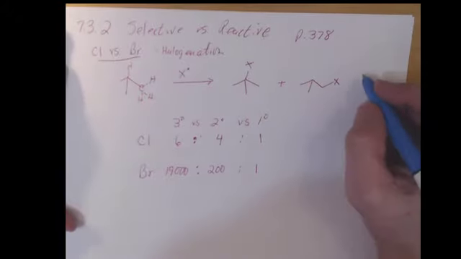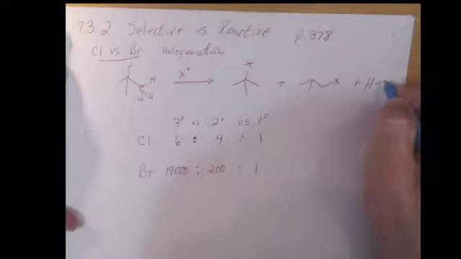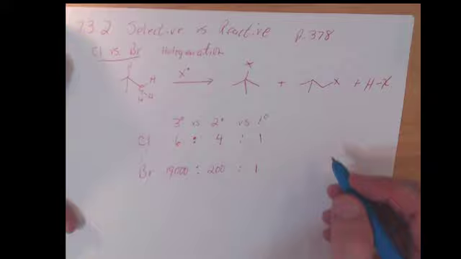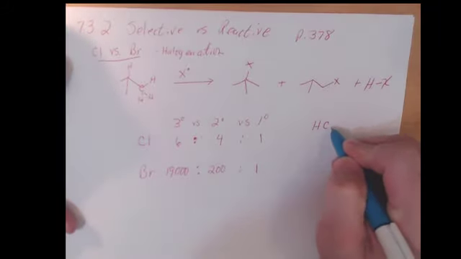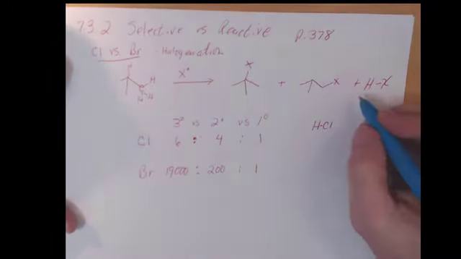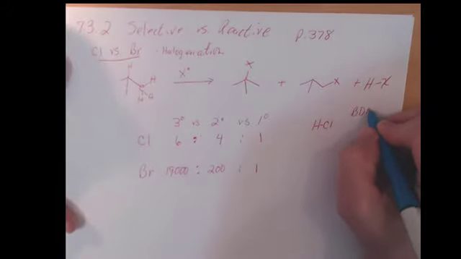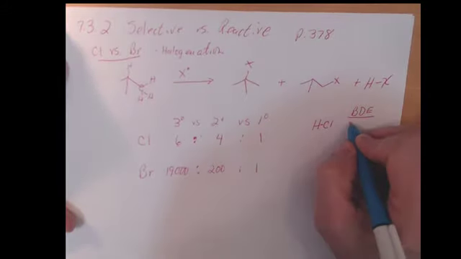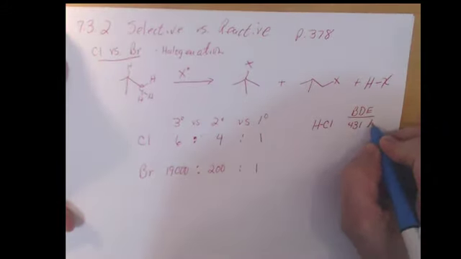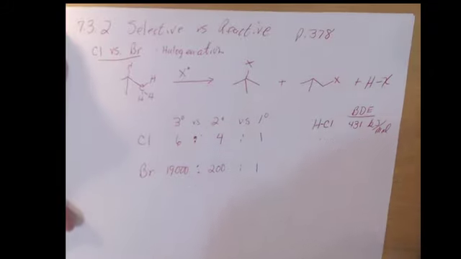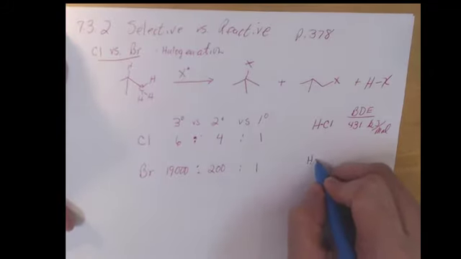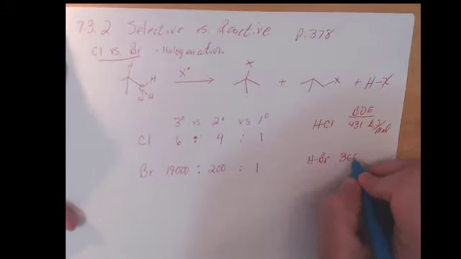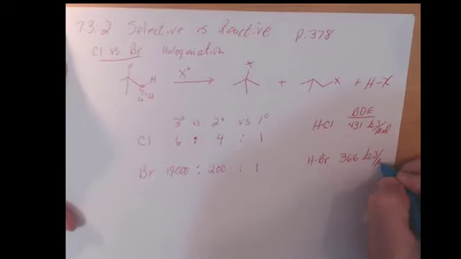Well, the other product that's formed here is HX, and it is the thermodynamics of that bond that drives this. For HCl, that BDE is 431 kilojoules per mole, whereas for HBr, it's 366 kilojoules per mole.